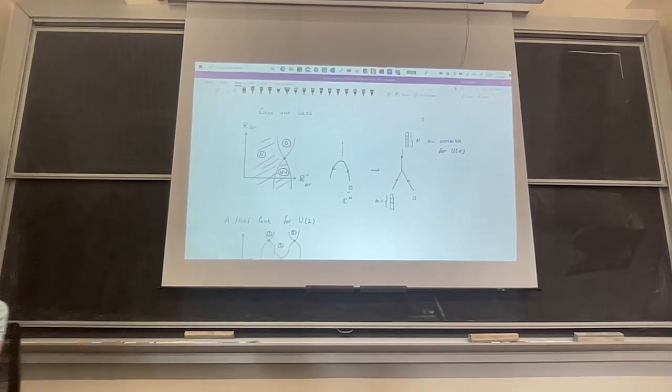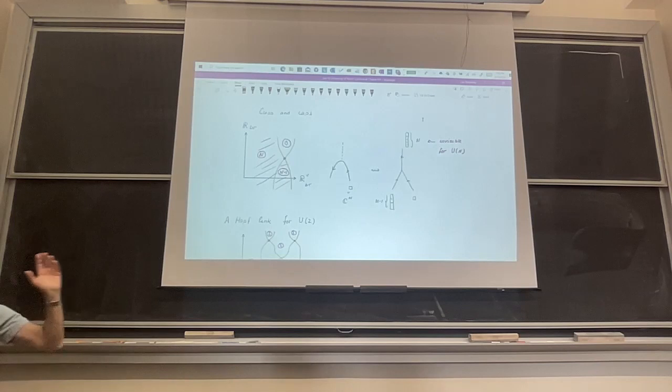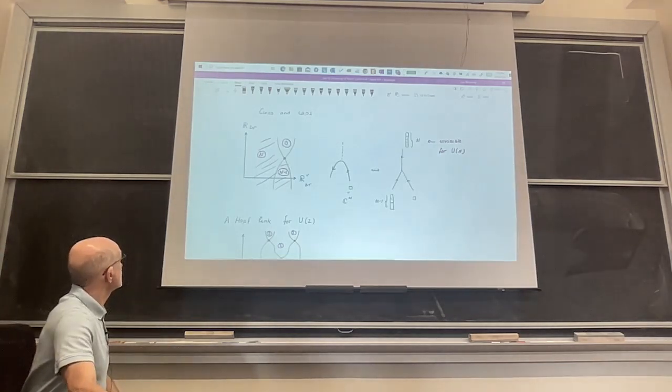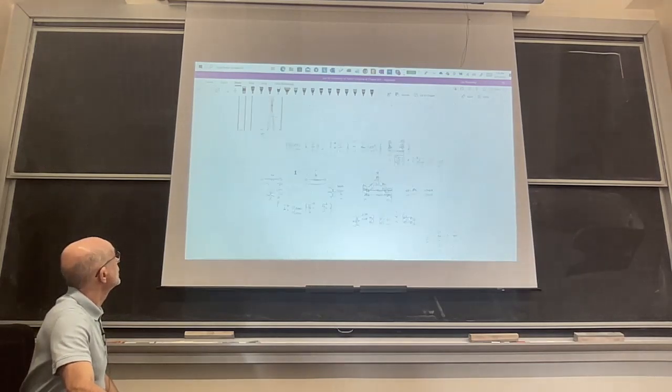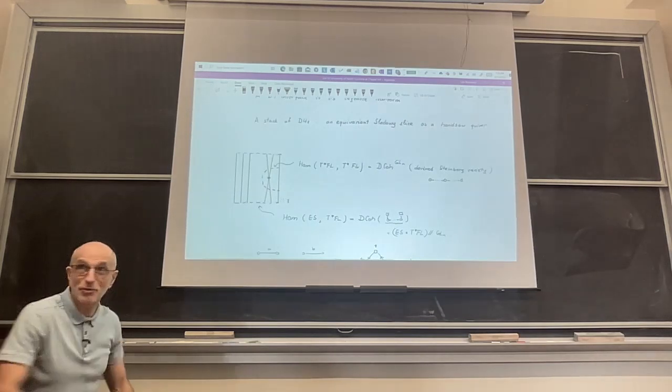Say it again? What is it? It is Mina in the case of GL2. So standard Mina cylinder cross braid time, and what you see here is coherent sheaves over a Nakajima quiver variety.